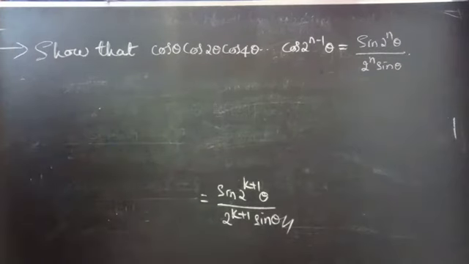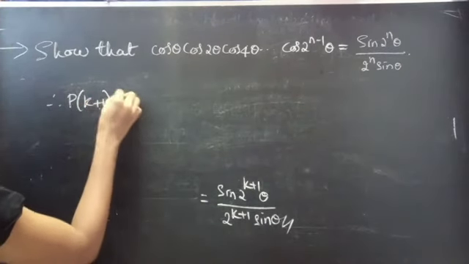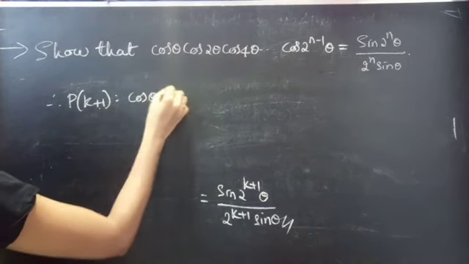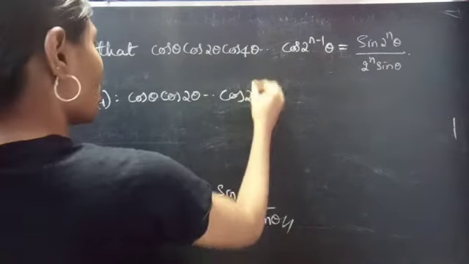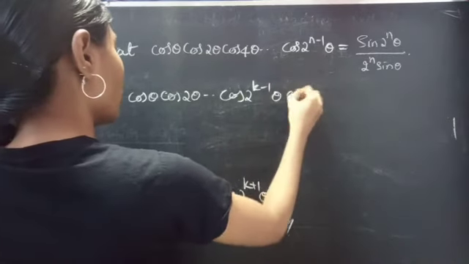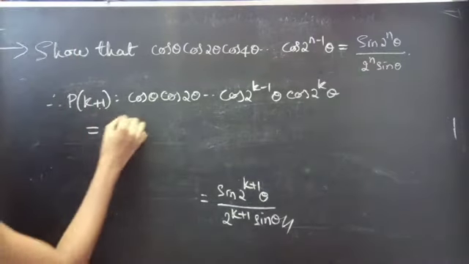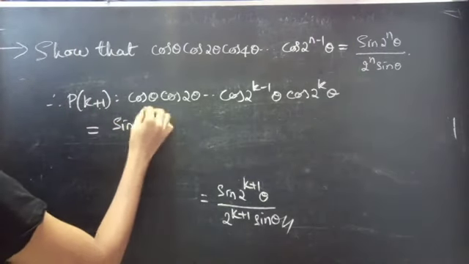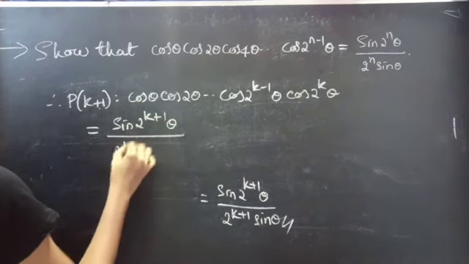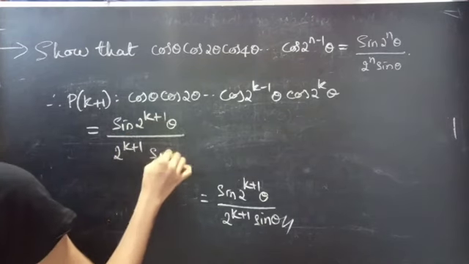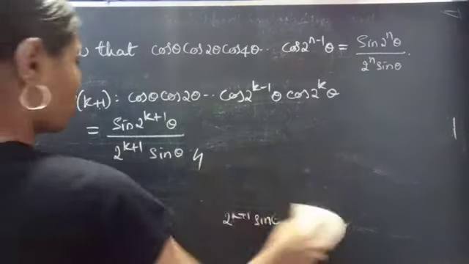Therefore, P of k plus 1 such that cos theta into so on into cos 2 power k minus 1 into theta into cos 2 power k into theta is equals to sin 2 power k plus 1 into theta by 2 power k plus 1 into sin theta. This shows that P of k plus 1 is true.